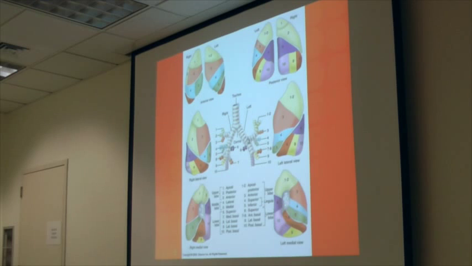On the left side, it looks like there's just 2 branchings, one here and one down here. So the left upper lobe and the left lower lobe, but instead of saying left middle lobe, we call this the left upper lobe lingular segment. So it's the equivalent to a left middle lobe.